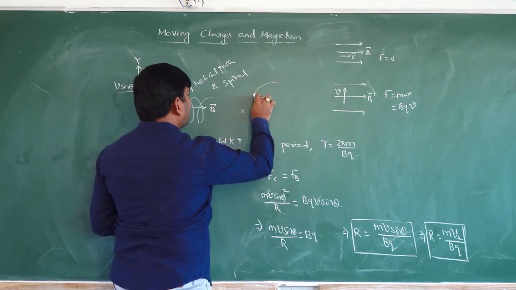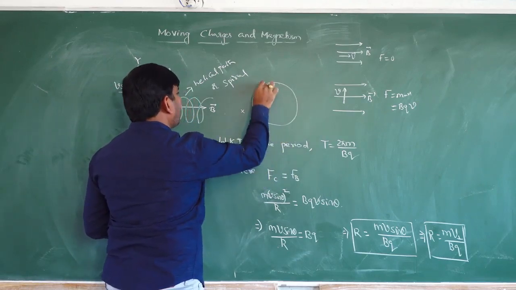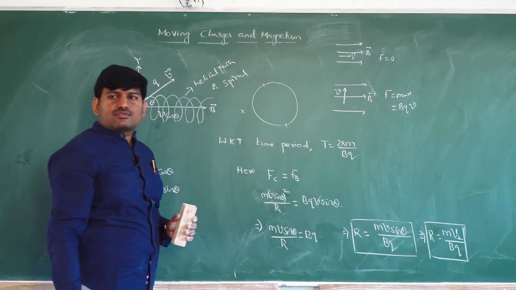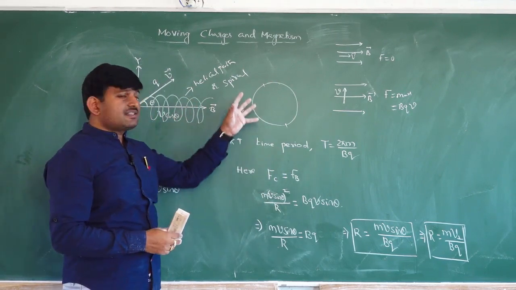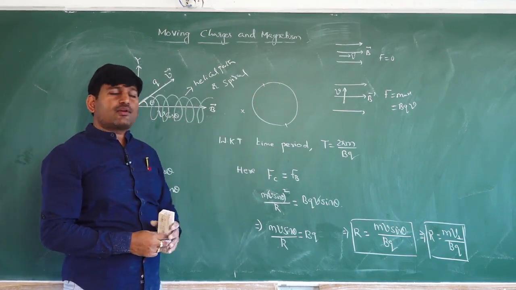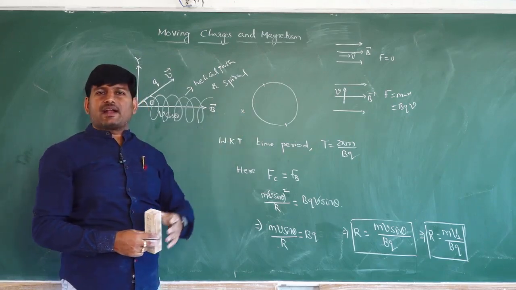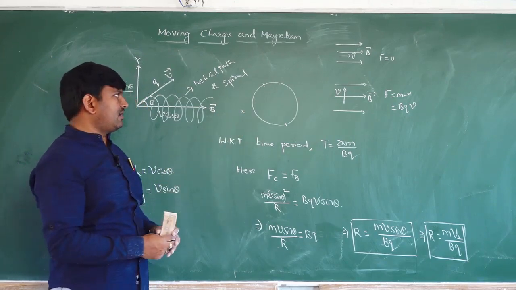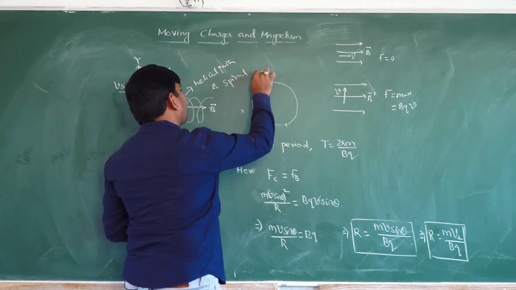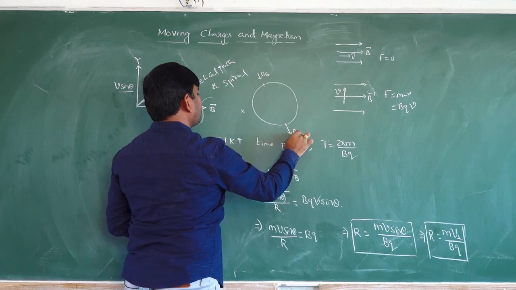So if this is our earth and this is the polar region, earth is treated as a bar magnet. Because of that, around the earth there is a magnetic field which is called earth's magnetic field. So at the polar regions, earth's magnetic field will be directed like this. This is BE, earth's magnetic field.